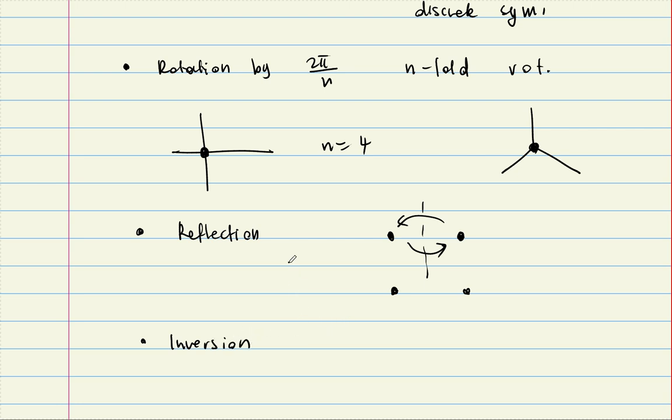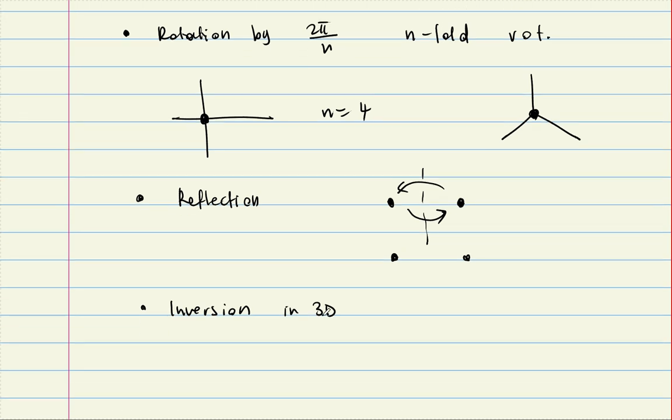Inversion is typically in 3D. In 2D, inversion is equivalent to a pi rotation, but we don't care. It's okay to call them both inversion, as long as you know what you mean. So in 2D, it is a pi rotation.